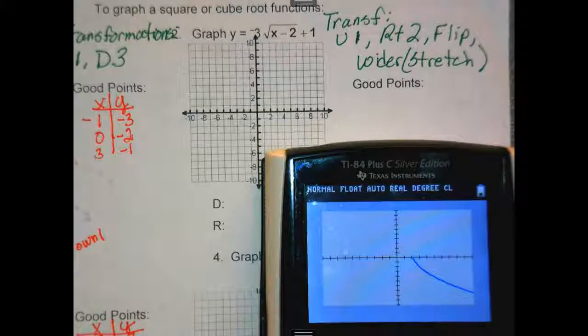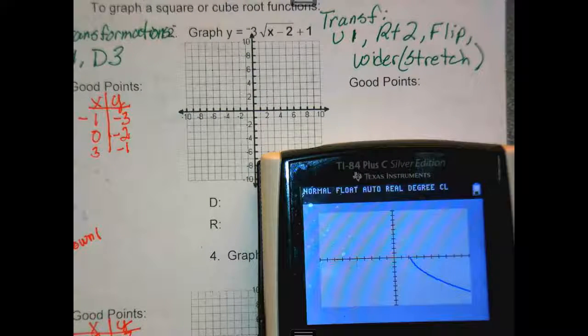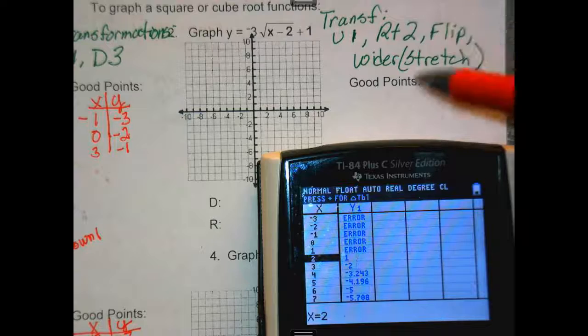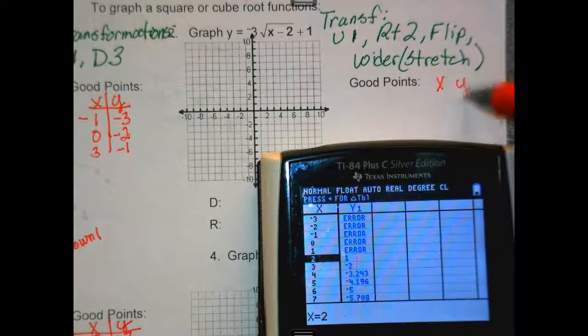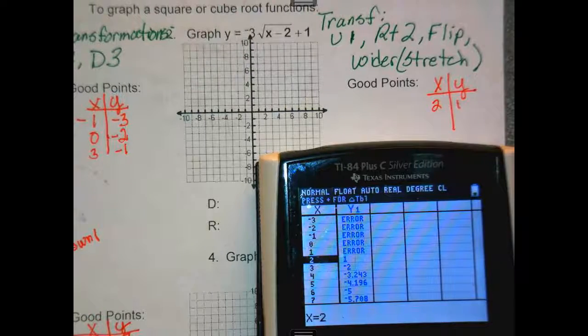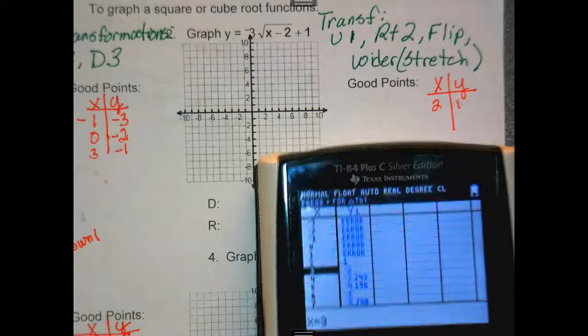All right, let's get some good points. So, second graph. Get past these errors. So it starts at 2, 1. The next one, 3, -2.